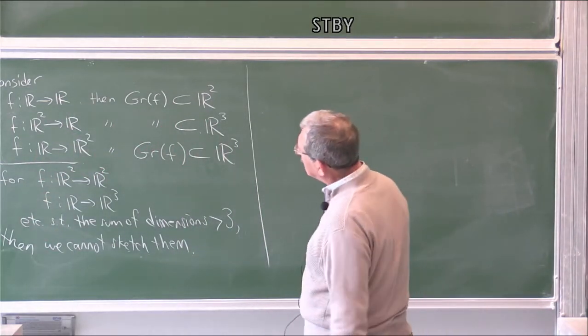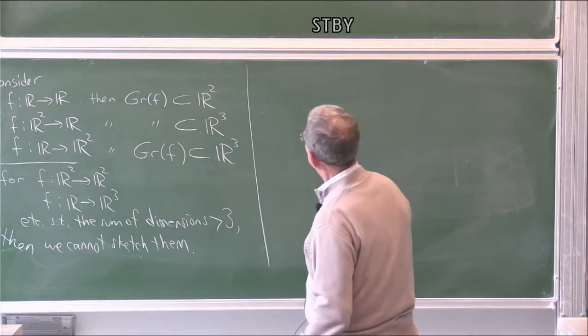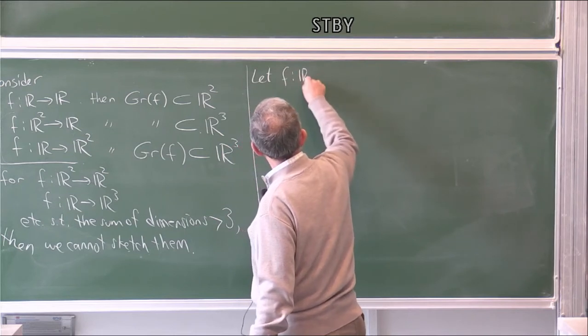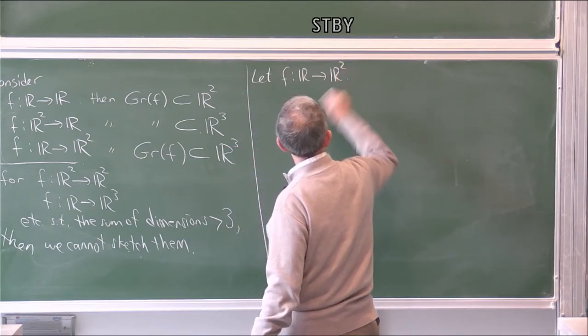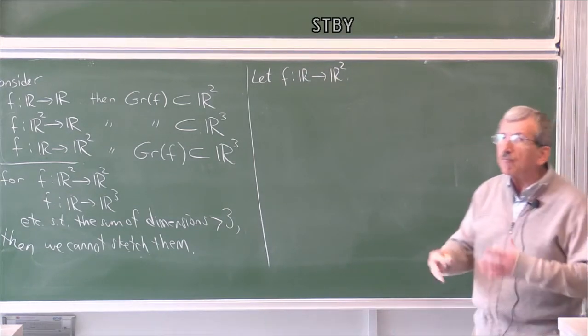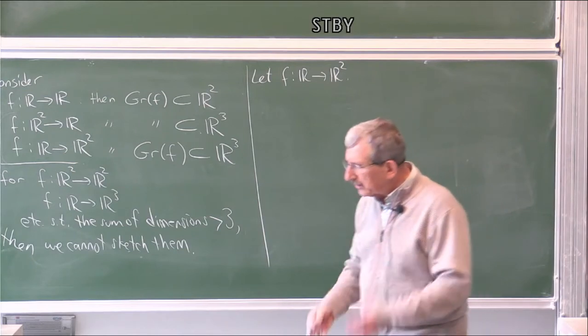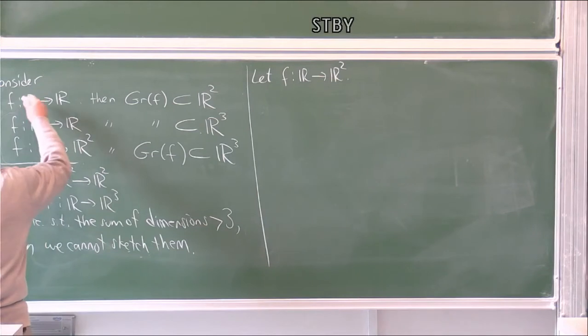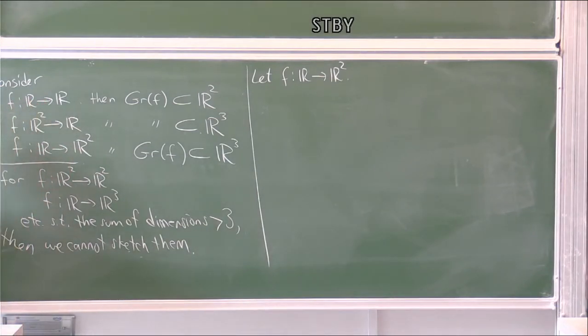Okay, let us consider the third one first. So let f be from R into R squared. How do we make pictures of graphs? Clearly, as we know from the first case, we put the domain and the range in a perpendicular way. Here the domain is real numbers, the range is real numbers.